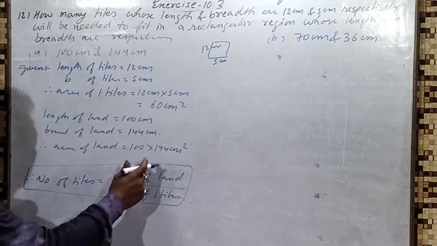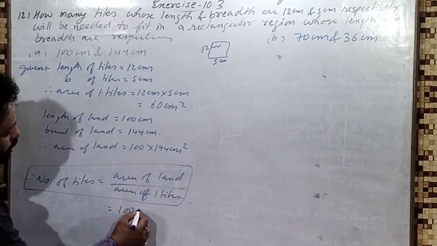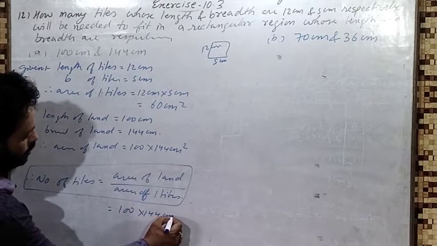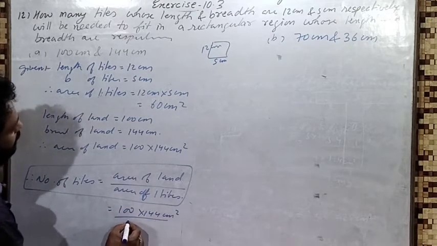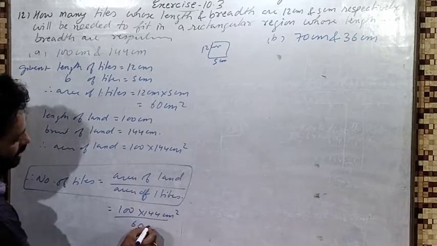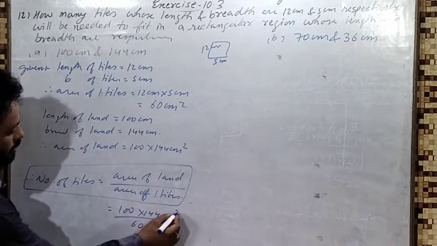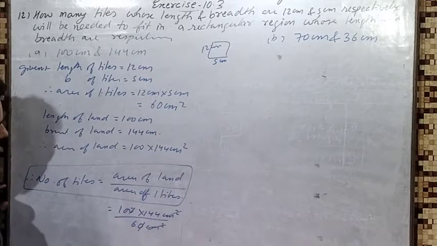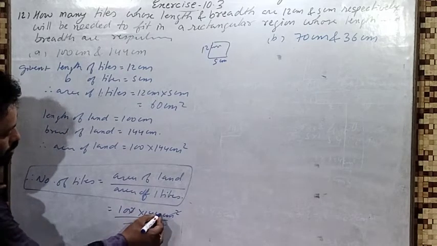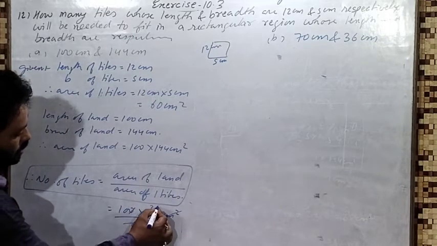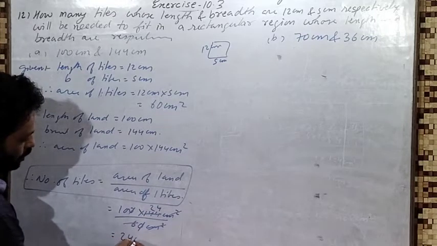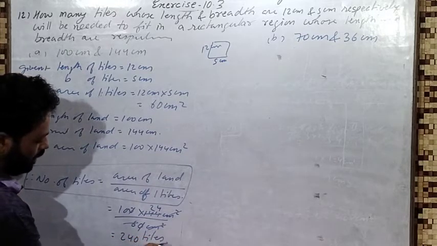So now put the area of land. Area of land is equal to 100 into 144 centimeter square. Area of one tile was 60 centimeter square. Divided, 0 cancelled. 6 2s are 12 and 6 4s are 24, that is 240 tiles are needed.